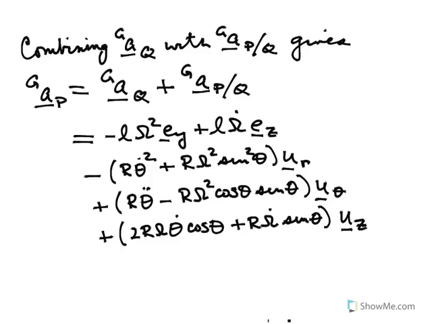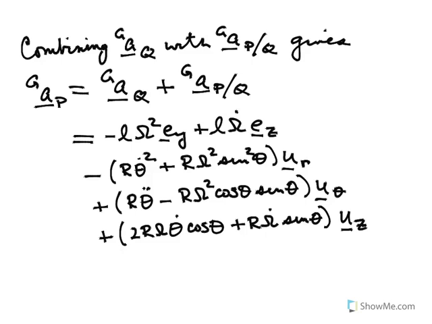The acceleration of q in g is expressed in the basis that is fixed in the shaft because the position of q relative to O is expressed most conveniently using a basis that's fixed in the shaft, whereas the acceleration of p relative to q in g is expressed most conveniently in a basis fixed to the disk because the vector from q to p, which is the position of p relative to q, is most conveniently expressed in the basis ur u theta uz, which is fixed to the disk.